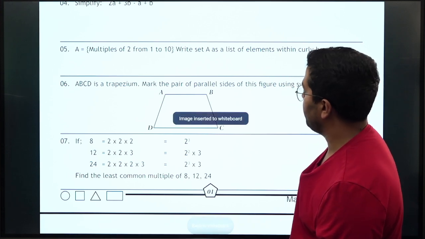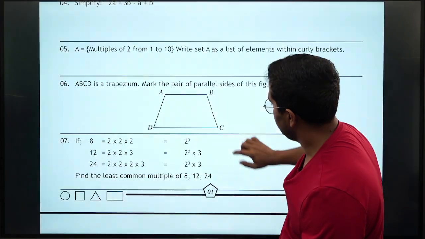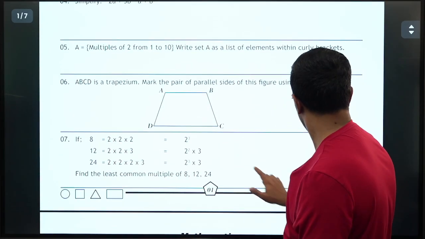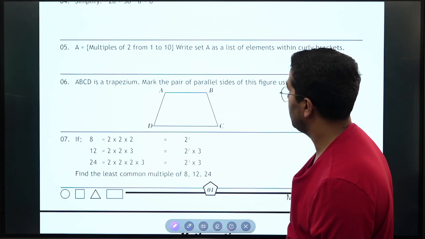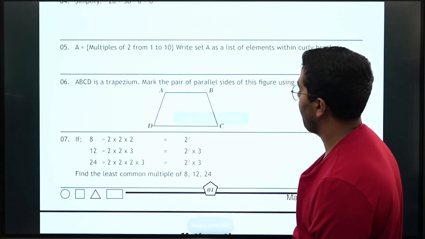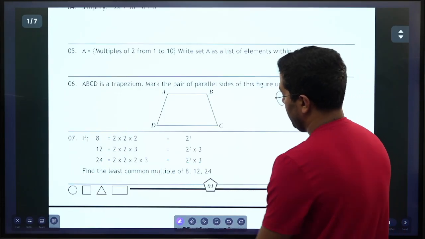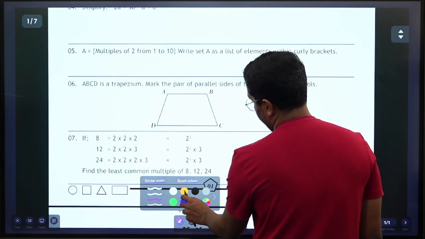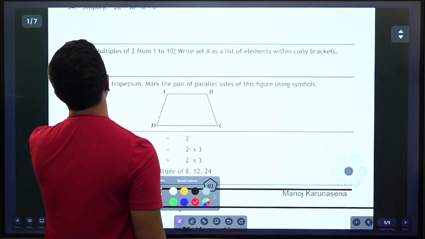Question number 5. Right. A is a set, right? Multiples from 1 to 10.